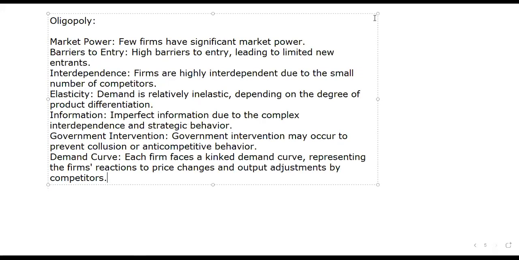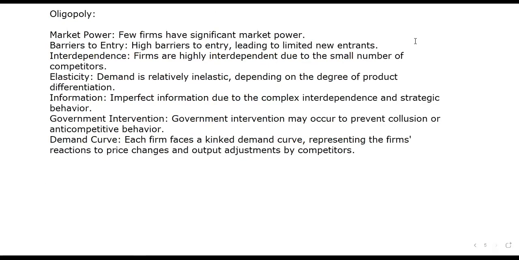Oligopoly is a market structure with the following characteristics. We are looking at firms that form a cartel. They have significant power in the market, heavy barriers to entry. They are highly interdependent due to the small number of competitors.